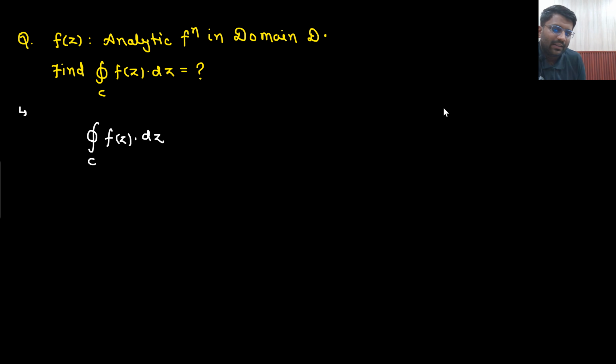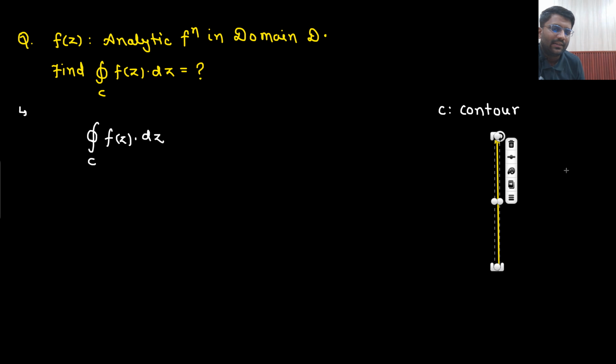In complex analysis, this closed path C is known as a closed contour, or simply a contour. It is the same thing as a closed path; here it is known as a contour.